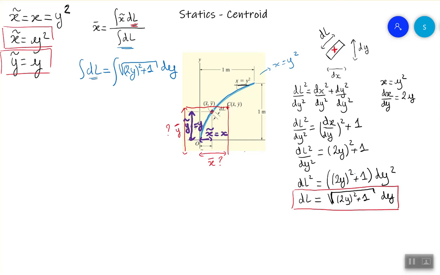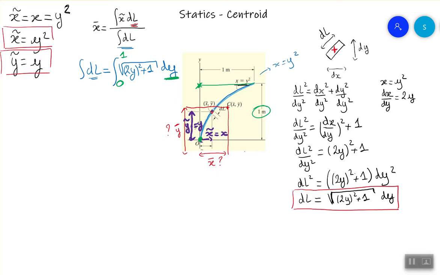Because dl is now dy, we need to write the limits of y. y is going from 0 to this point, that's the maximum y, which is 1. So the limits are from 0 to 1 because that's related to dy.